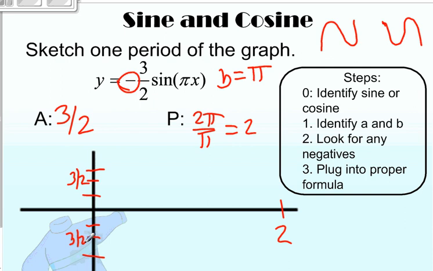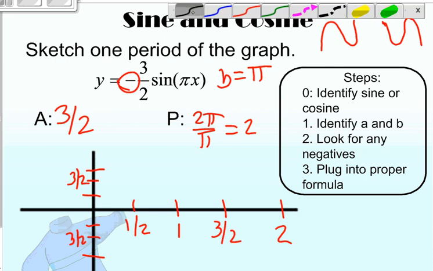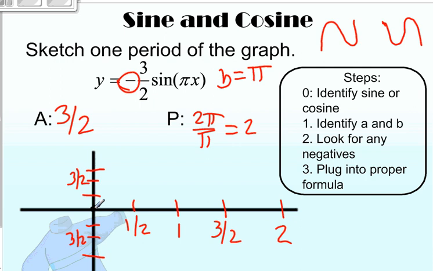So halfway between 0 and 2 is 1. Halfway between 1 and 0 is 1/2. And then halfway between 1 and 2 is 3/2. So again, we've flipped the original. So I'm going to draw the original here in black so we can see the original.